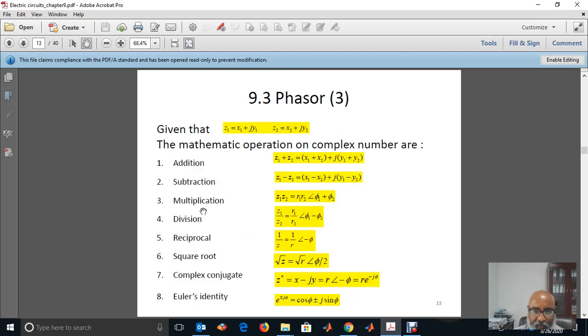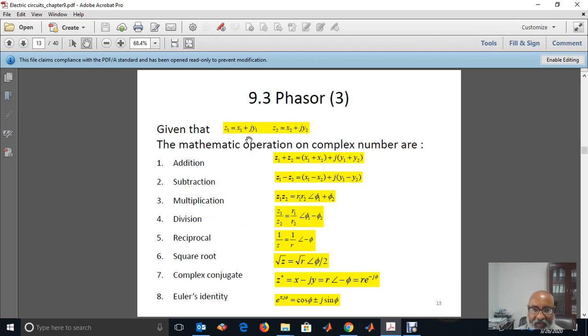Okay, these are some of the rules for addition, subtraction, and multiplication. If I have two complex numbers, x1 plus jy1 and x2 plus jy2, for addition, add the real part together and the imaginary part together; subtraction is also similar. Multiplication is better done in polar form.